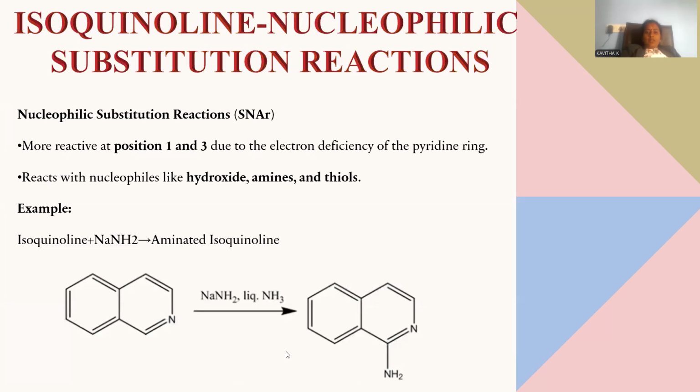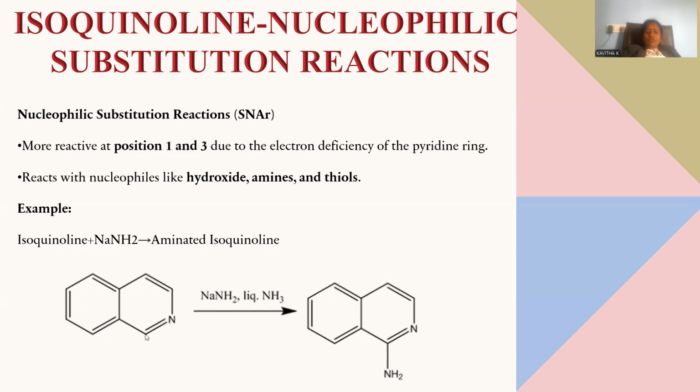Let me go with the nucleophilic substitution. Isoquinoline is susceptible to nucleophilic substitution as well, and the most commonly observed nucleophilic substitution in heterocyclic compounds is the Chichibabin reaction. Isoquinoline to be treated with sodamide, and the aminated product will be achieved at position number 1. Position number 1 is having electron deficit. Why? Because the electronegative nitrogen will destroy the electron density over position 1.